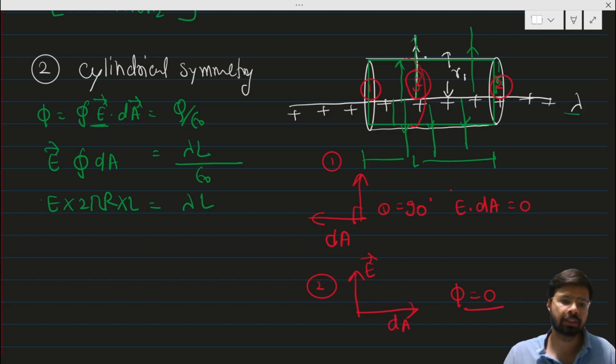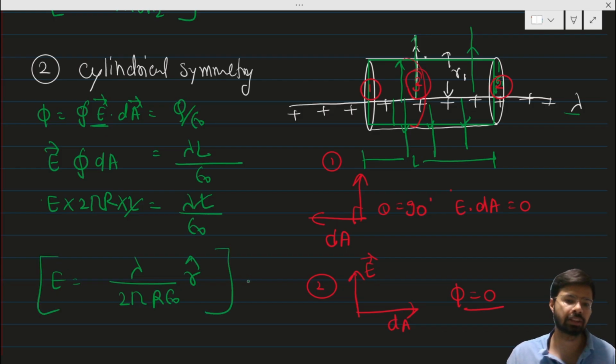So this is lambda L over epsilon naught. L gets canceled out. So the electric field we get is equal to lambda over 2 pi r epsilon naught, r cap. So this is the electric field due to the line charge density, a wire carrying a line charge density lambda.